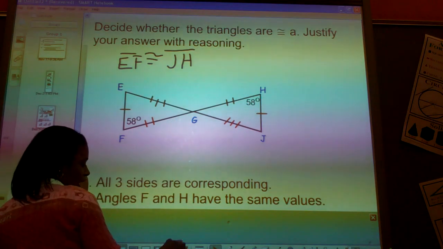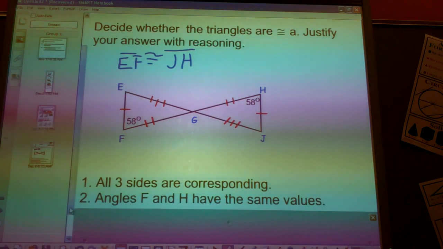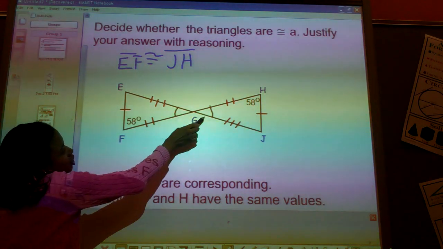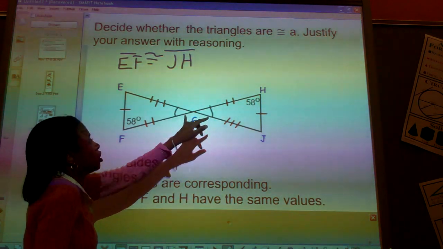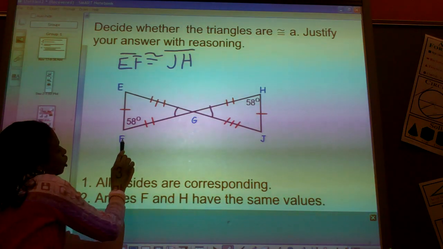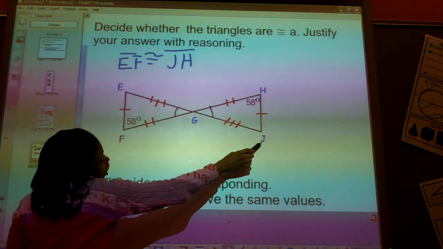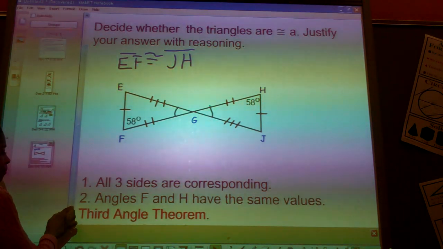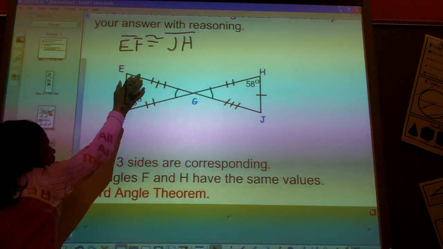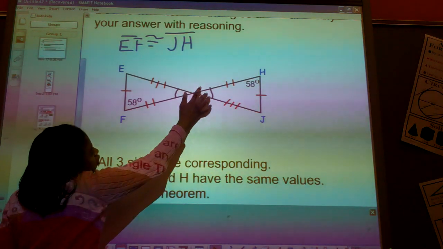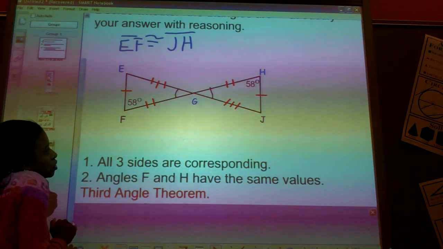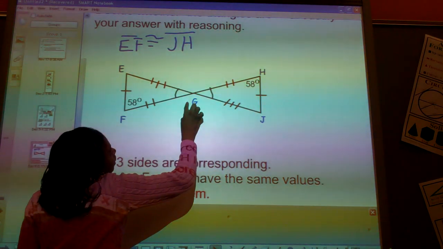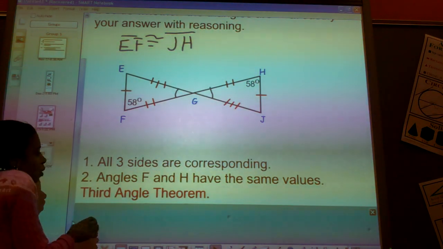And I know that angle G corresponds to angle G. When I say angle G, I have to be specific because there are two angle Gs. Angle EGF corresponds to JGH. These two correspond because of vertical angles. So these two G values, EGF and JGH, correspond by vertical angles.